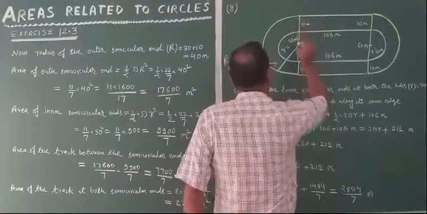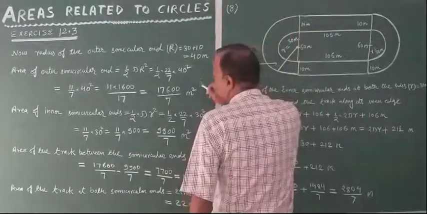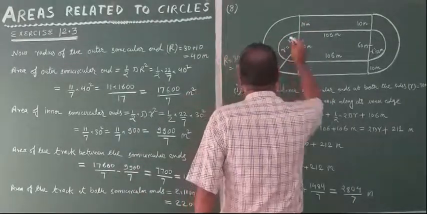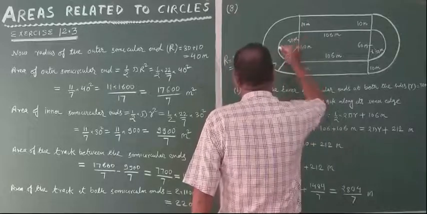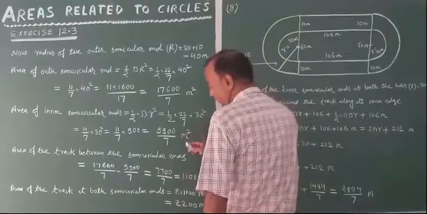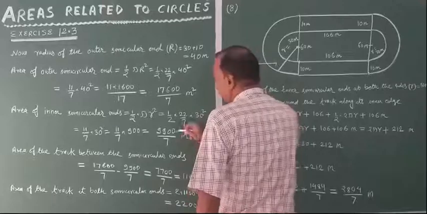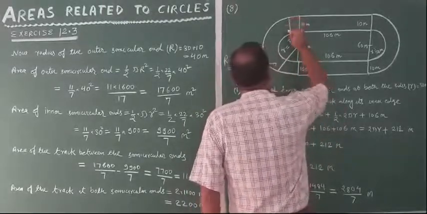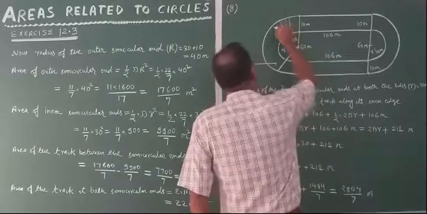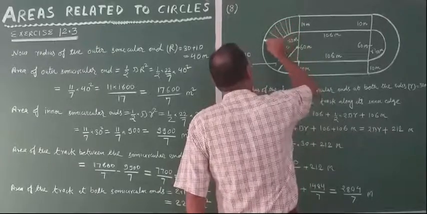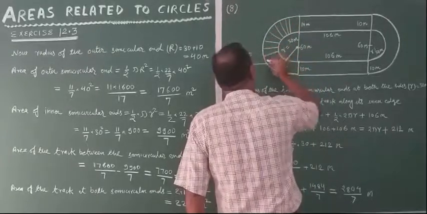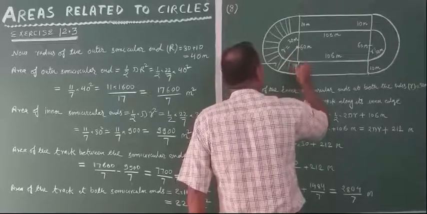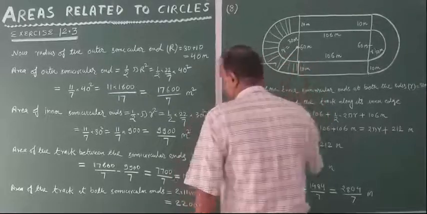Okay. So this is this area. This whole area is how much? 17600/7 the whole area, and this area is 9900/7. So what will be the area of this shaded region? This will be the area of the track at one end.